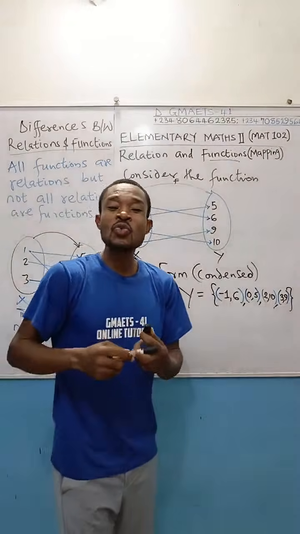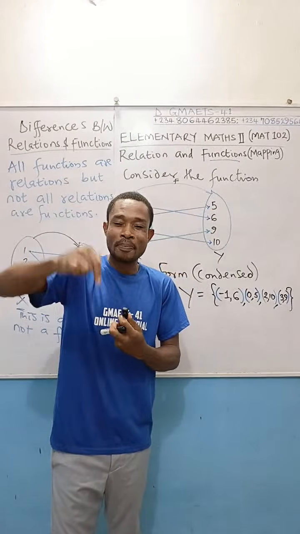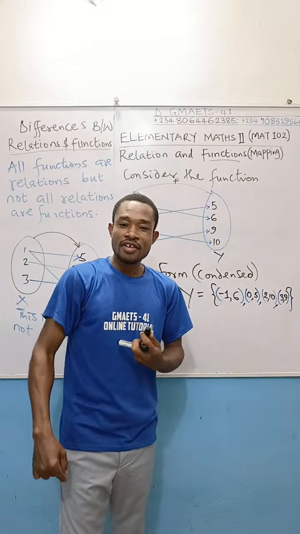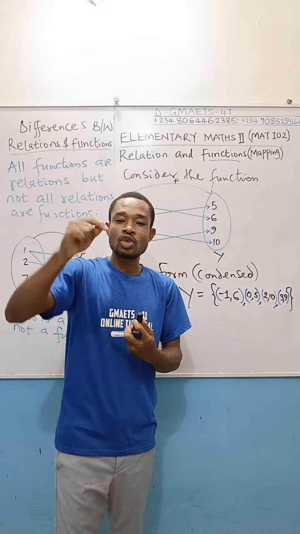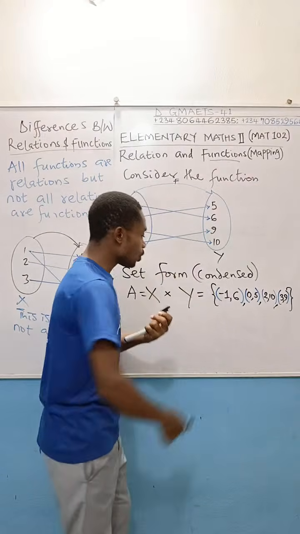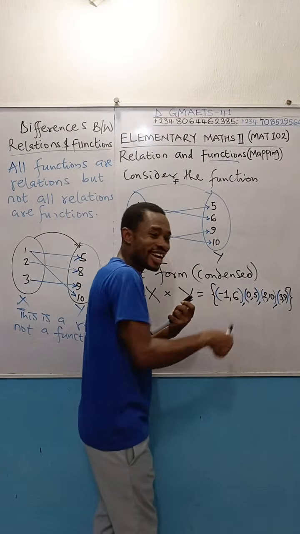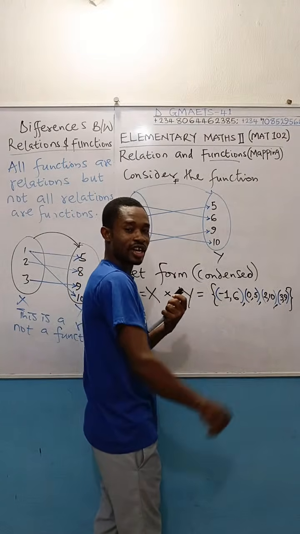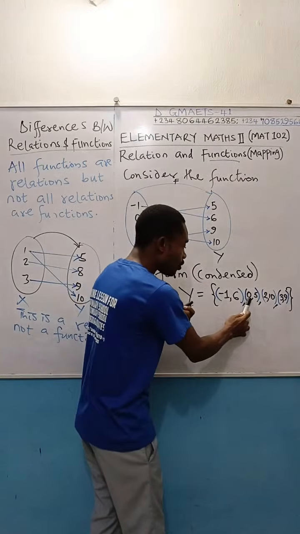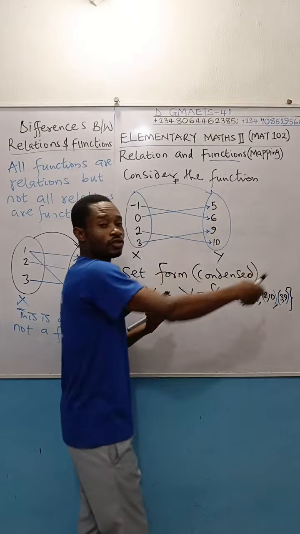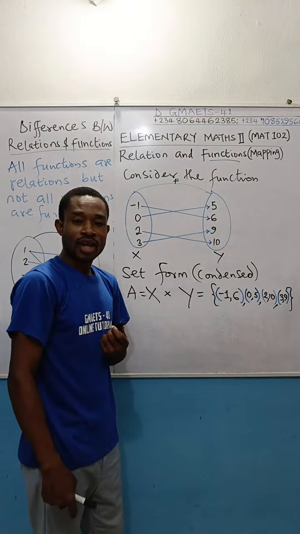Then check if there is any place that a particular element of the domain was repeated. For example, you have -1 here. Check if there is any other place you have -1 repeated as an element of the domain, or the first element. Or you have 0 here. Check if you have 0 repeated in any of the other parts. Are you following, right?